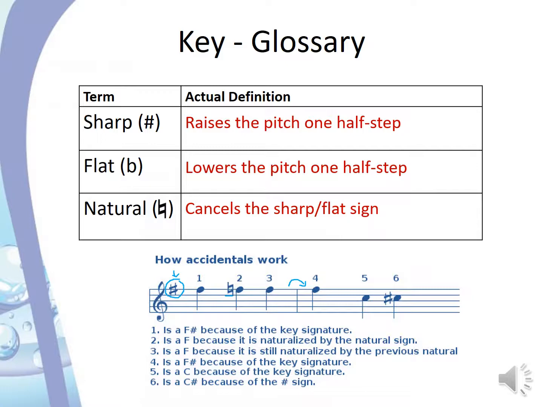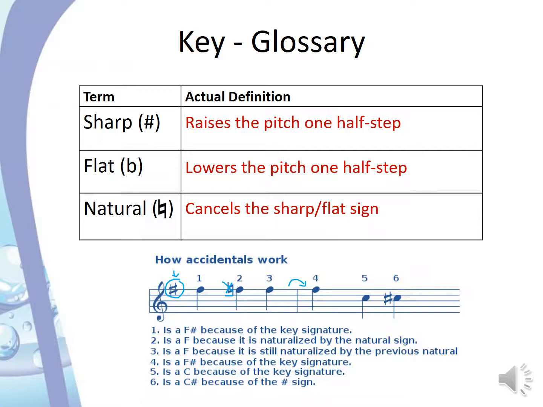That is why number 4 is an F sharp. The natural sign from before no longer applies. In that same logic, number 5 here is a C, but considering there is no C in the key signature, this is a C natural.